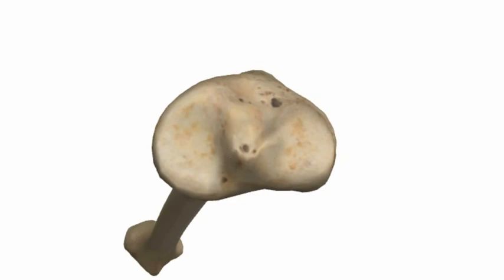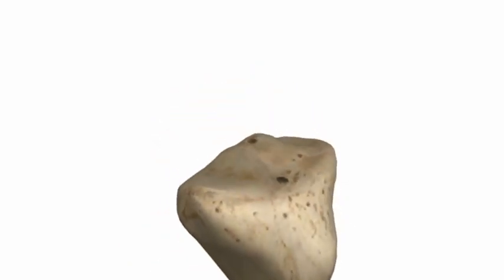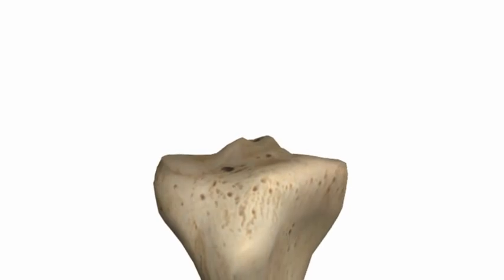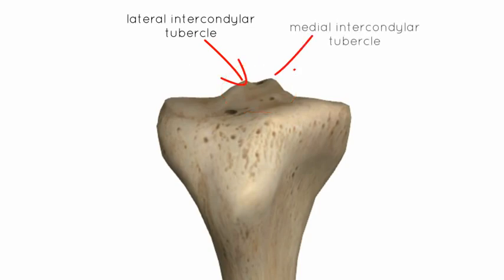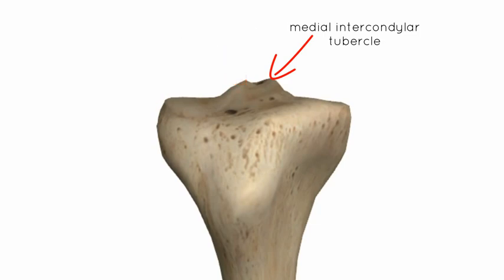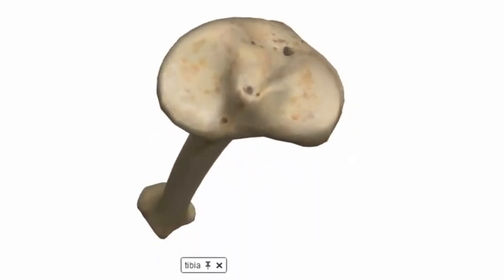If I rotate the model around a little bit, you can see there's this eminence, this protuberance of bone. This is the intercondylar eminence, and laterally we've got the lateral intercondylar tubercle, and medially we've got the medial intercondylar tubercle. While we're looking at this view, I'll talk a little bit about the menisci.